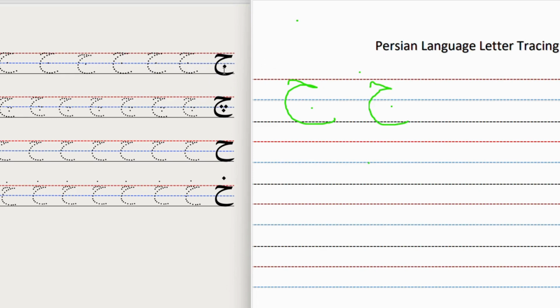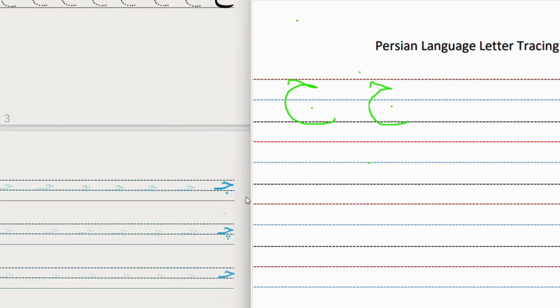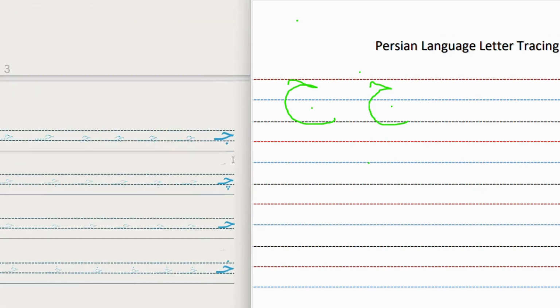That is the long J, because here we have the short J. The short J is just like this. You might do it like this. So the short J, again the same form.